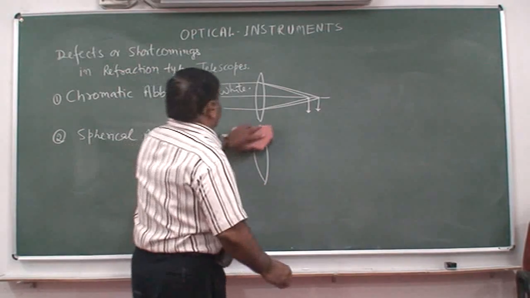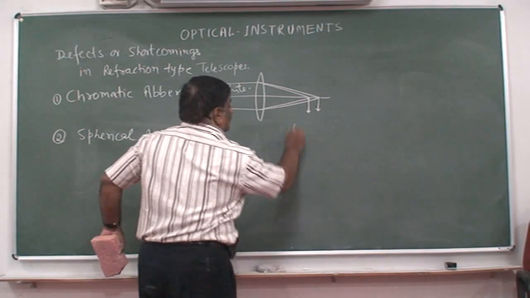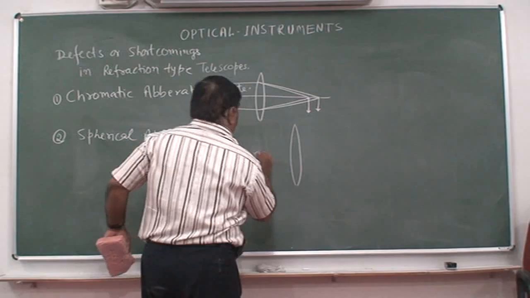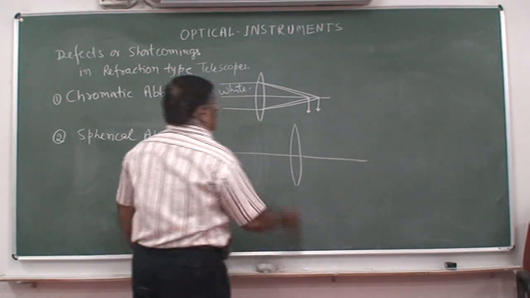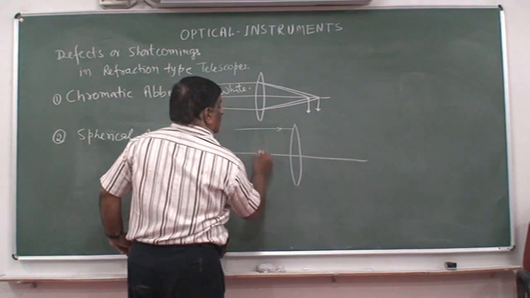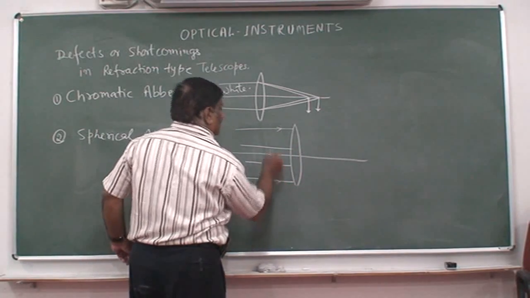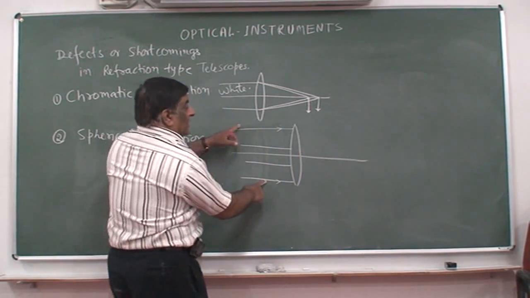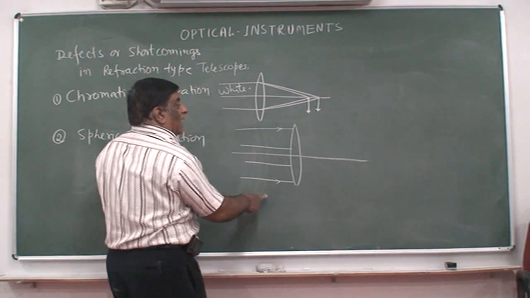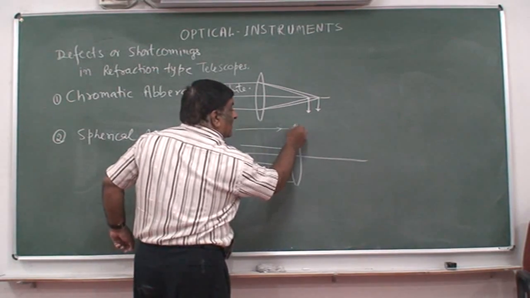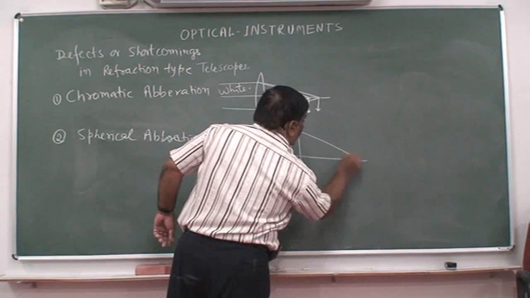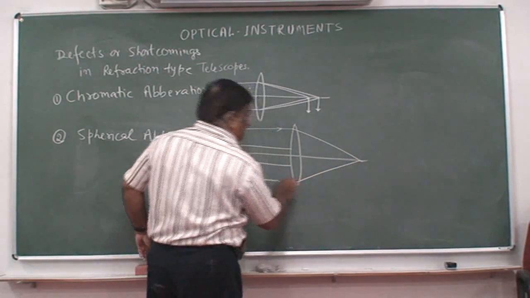Even if we are sending light of one color, here, here and here. The rays which are going here are all parallel, but the ones near the corners will meet here.